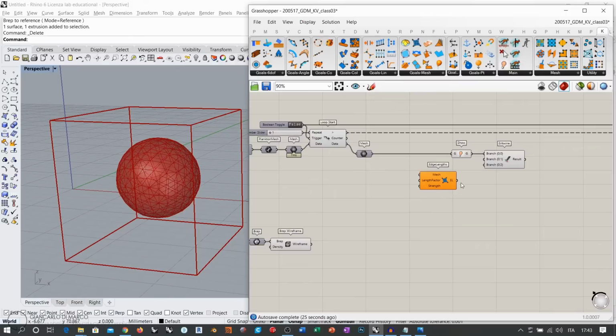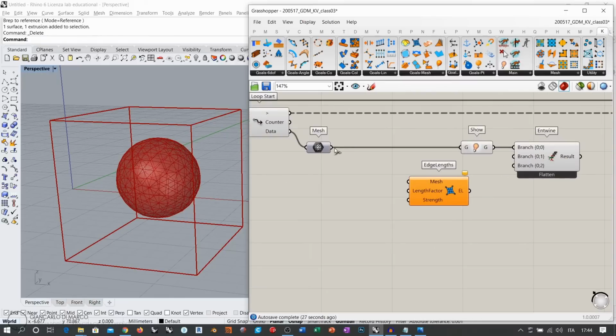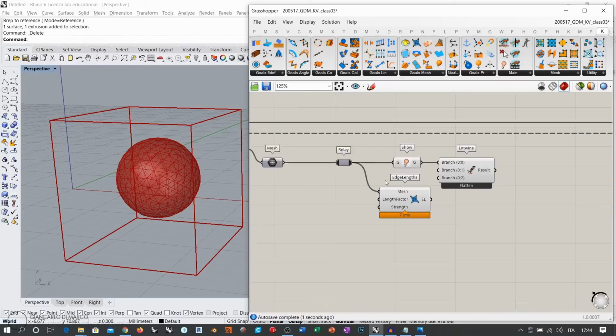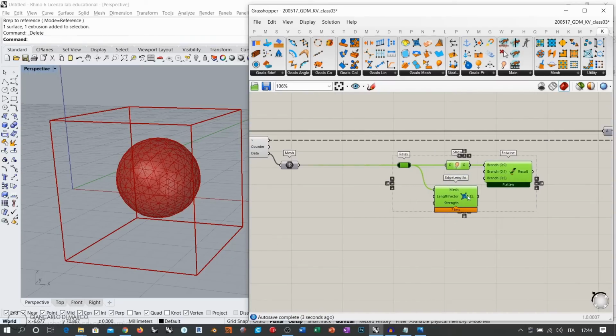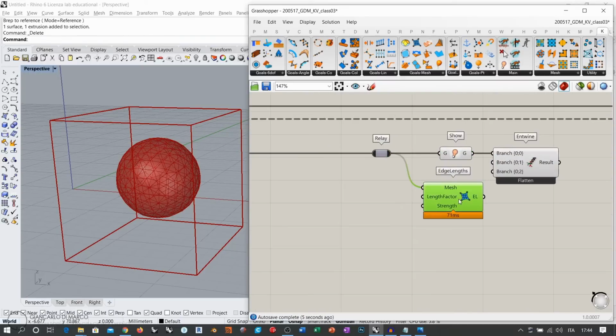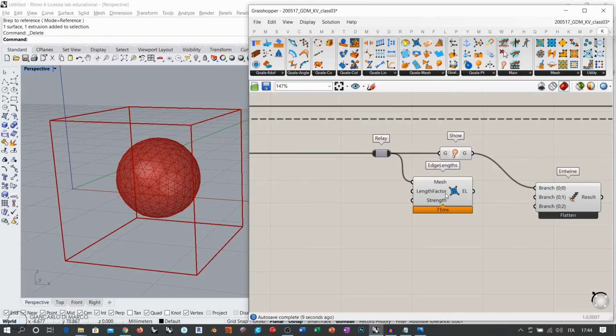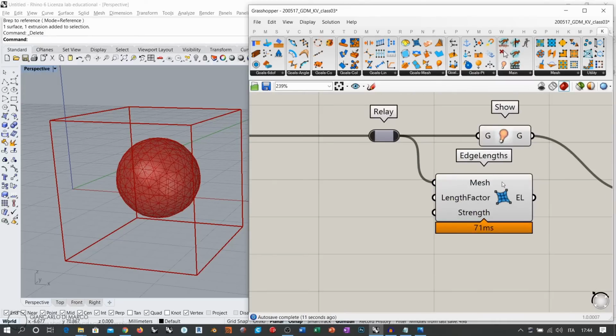So I'm going to convert this mesh into an elastic mesh. We can also create a relay here, so we avoid many cables coming out from that component. So we have this edge length, with a length factor of between 1 and, let's say, 2.